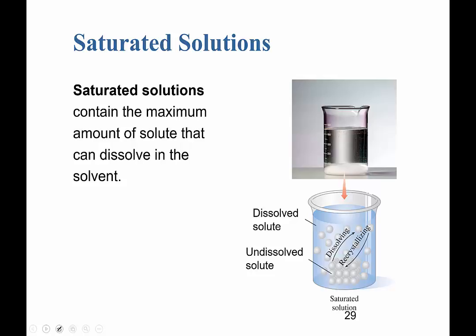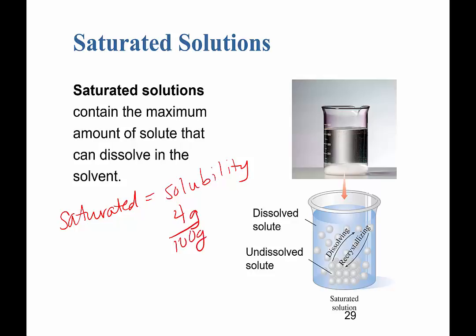It's got the maximum amount in there. And if it's saturated, that means it is at the solubility. So if your solubility is, let's say, 4 grams in 100 grams of water, and you're adding 4 grams, then you are saturated. If you're going to put in only 2 grams, then it would be unsaturated.